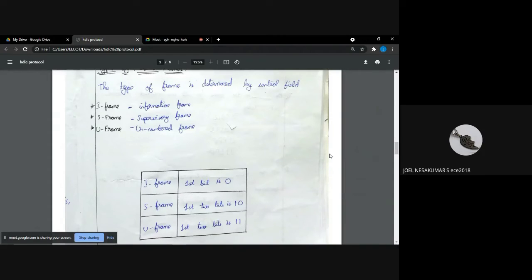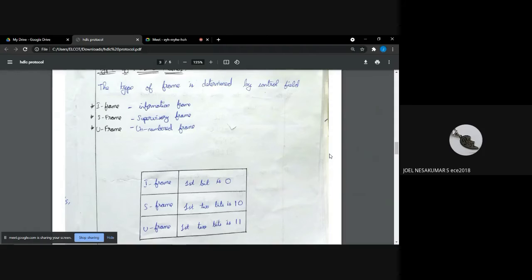What is the use of the information frame? The information frame always carries the data information. Then the supervisory frame. If the first 2 bits of the control field are 1, 0, then it is a supervisory frame. It is used for error control and flow control.